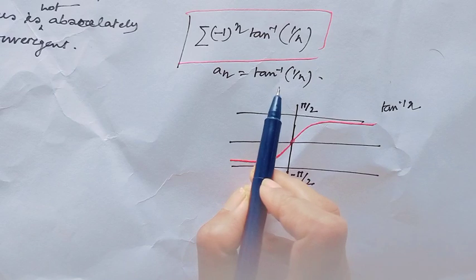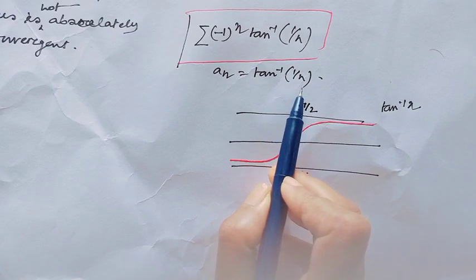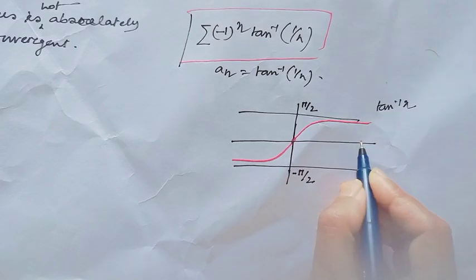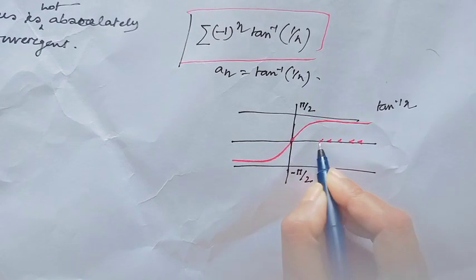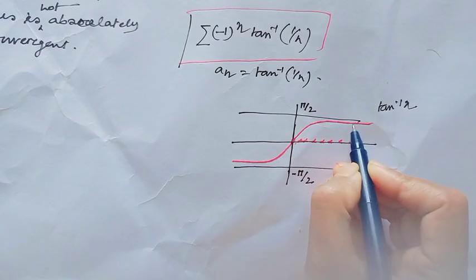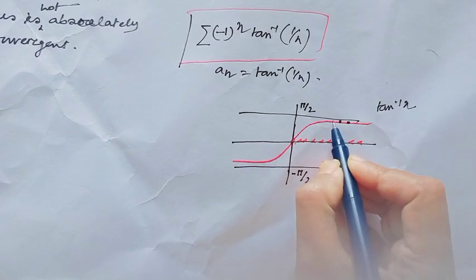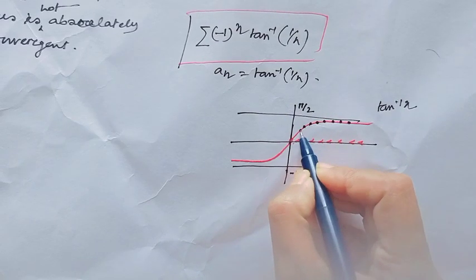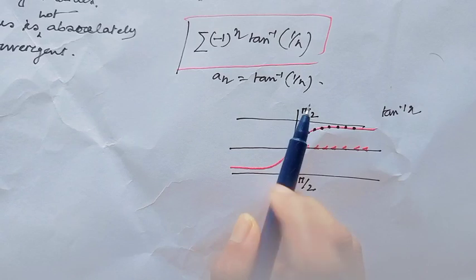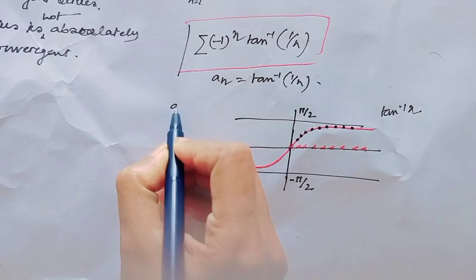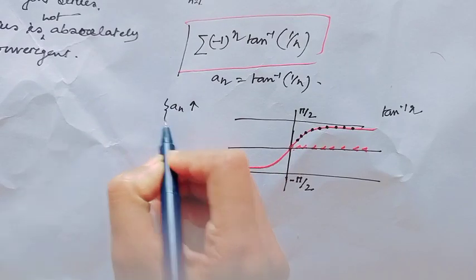Here it is not tan inverse x, but actually tan inverse 1 over n, and 1 over n goes to 0. Therefore tan inverse of 1/2, tan inverse of 1/3, 1/4, 1/5 would be of this type. So since it is tan inverse 1 over n, an is a decreasing sequence.